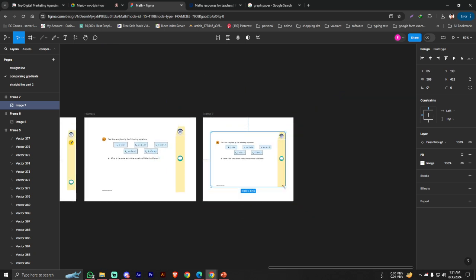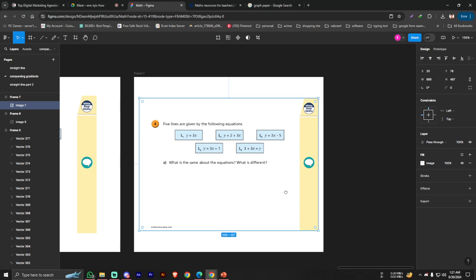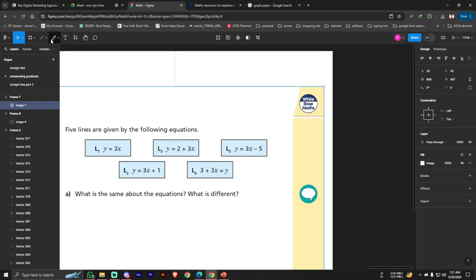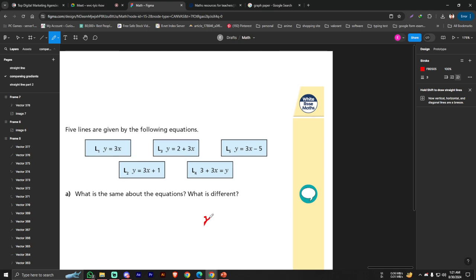So variable is basically an algebraic term, or we can say algebraic alphabets in an easy way, whose values change. In algebra, variables are symbolized by x, y, and z.